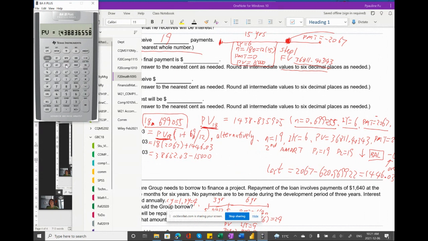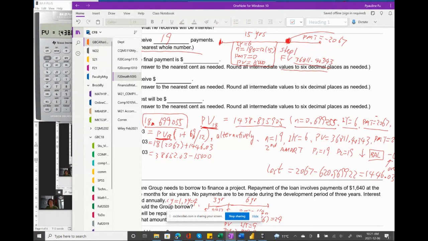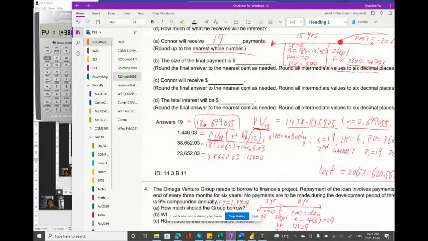Compute PV, and you got this number. Use this number times interest, and you will get this number here.